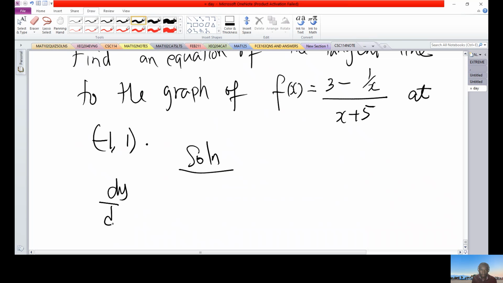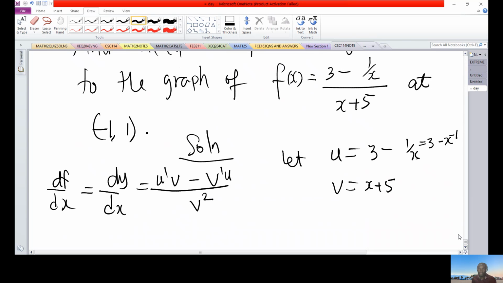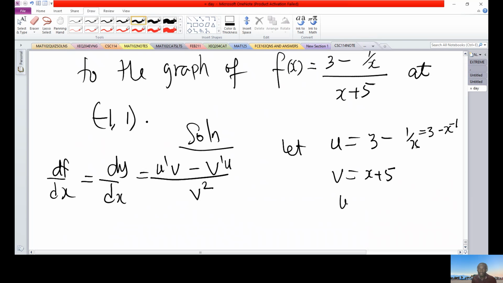So dy/dx, which is the same as df/dx, is u prime v minus v prime u over v squared. We let u be 3 minus 1 over x and v be x plus 5. Remember, u can be written as 3 minus x raised to power minus 1. So u prime will be x raised to minus 2, positive because of the negative sign, and v prime will just be 1.